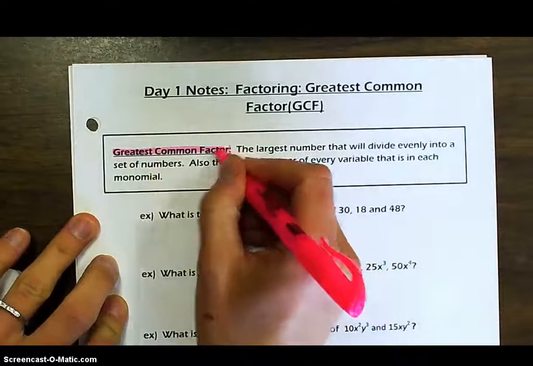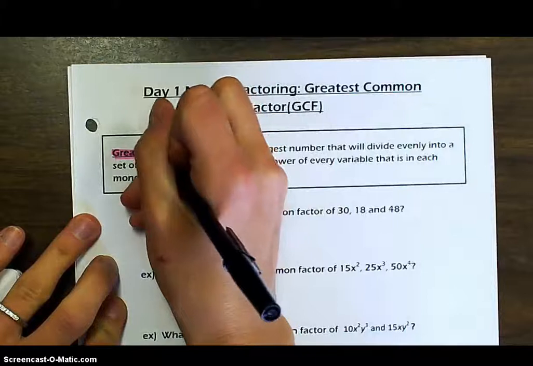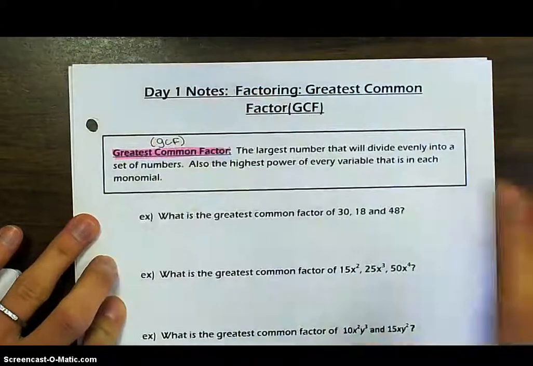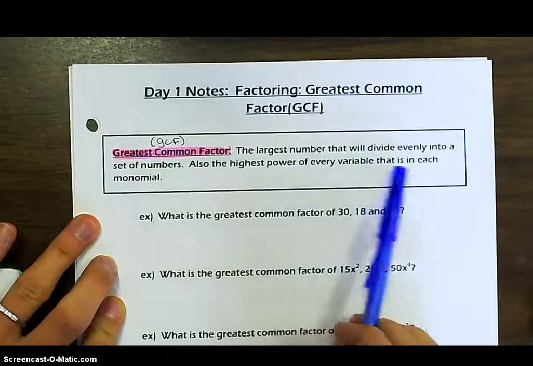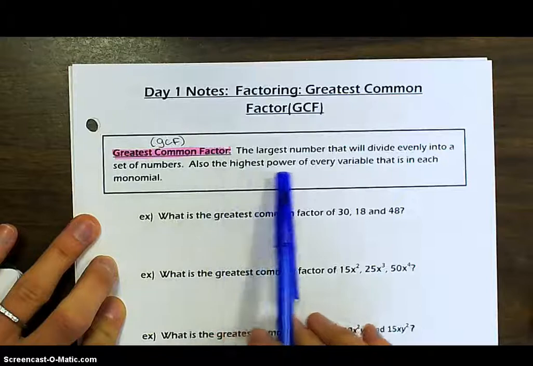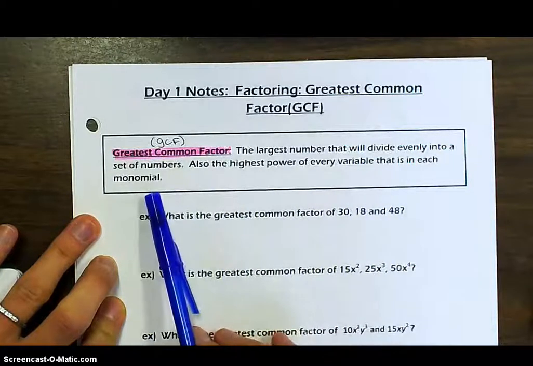This is something that you talked about way back in 6th grade. A greatest common factor, which we tend to abbreviate GCF, is the largest number that will divide evenly into a set of numbers. Also, it includes the highest power of every variable that is in each monomial.